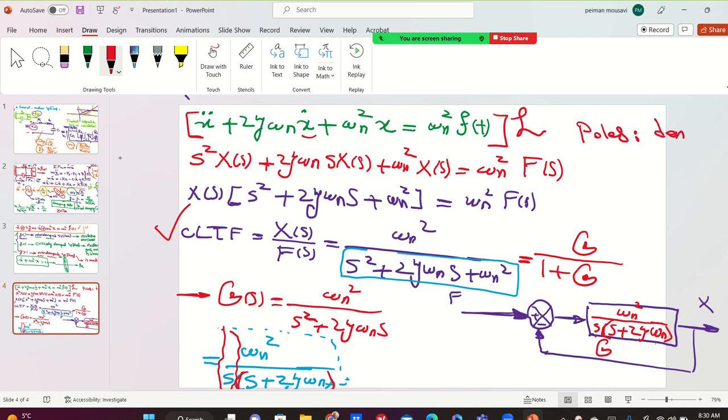The denominator is the poles. The numerator roots are, what's the name of those? I told you, zeros. That's right. How many zeros does this system have? How many zeros does this system have? How much? 2. Okay. Do you see any equation here?